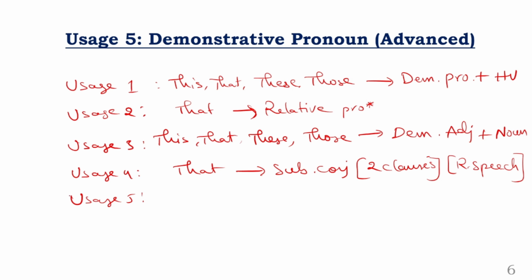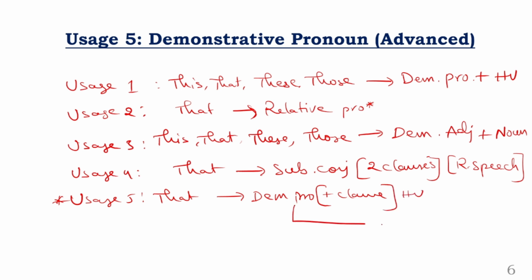Next, usage number 5. This is extremely advanced usage. Only the word that is used as the demonstrative pronoun. Again, it is used as a demonstrative pronoun, but this pronoun again is not immediately followed by a verb. It is followed by immediately a clause. There will be a clause, okay, in the middle, and immediately followed by another helping verb.